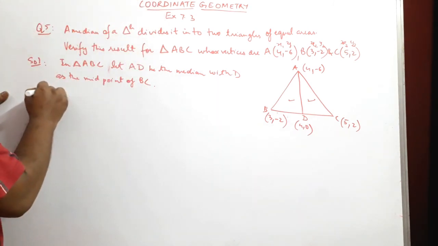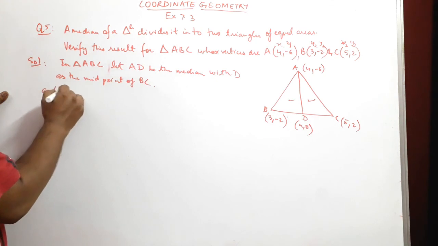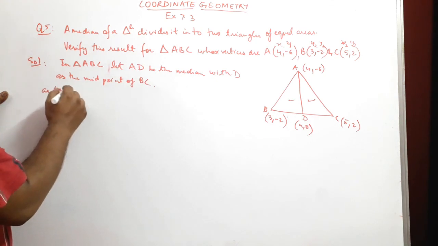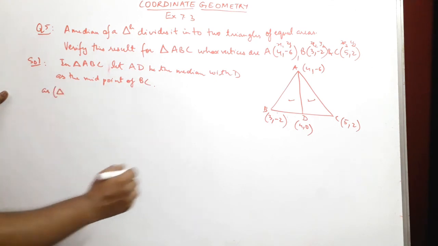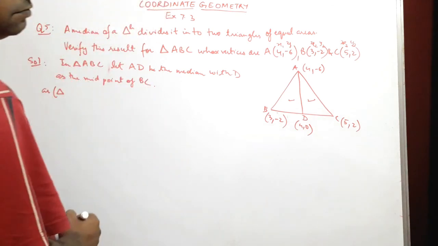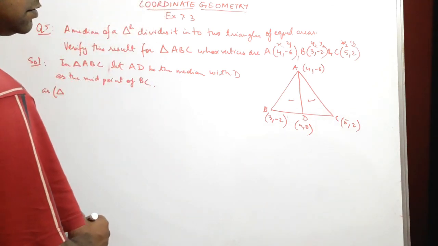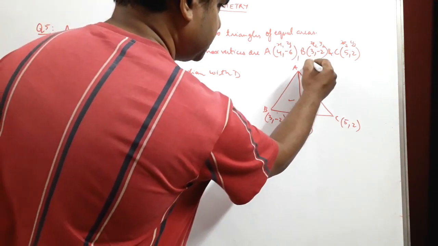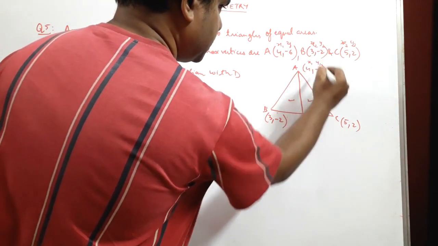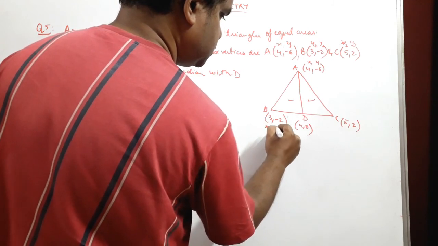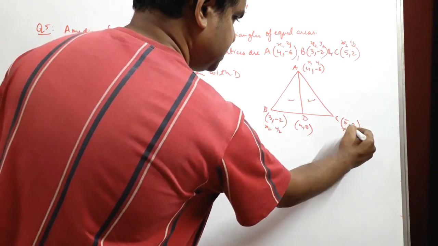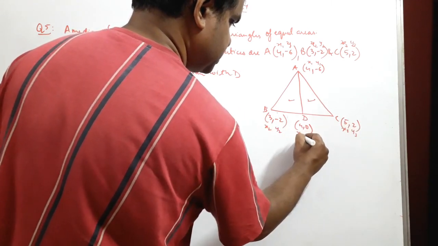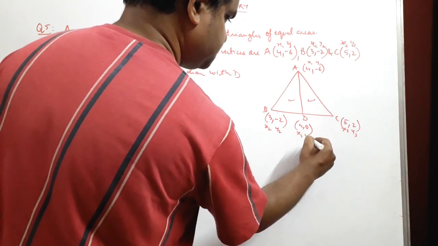So area of triangle, we'll give this name: this would be your x1 y1, x2 y2, this would be x3 y3 and this would be x4 y4.